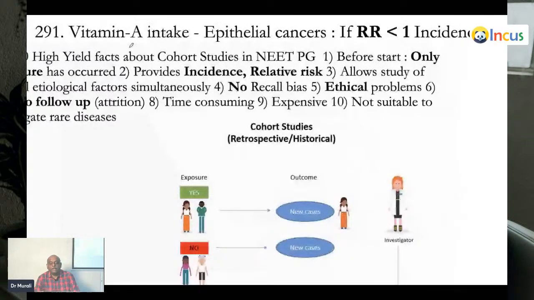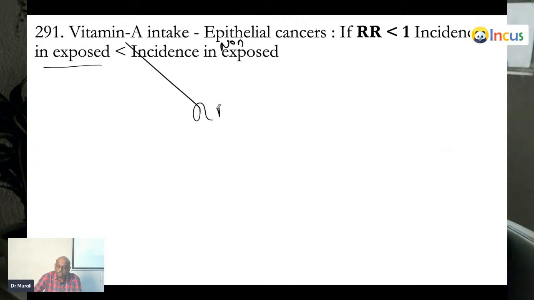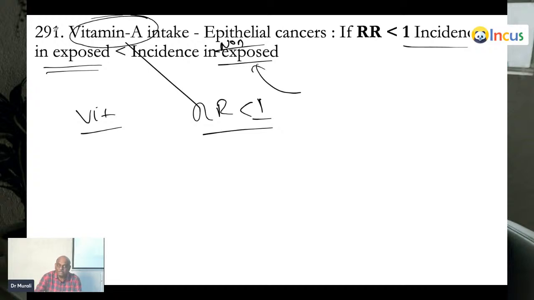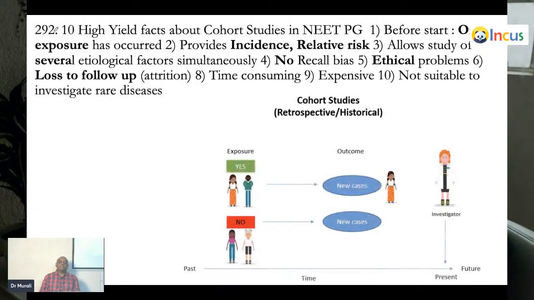So, if the relative risk is less than 1, that means people who have taken vitamin A, that is incidence among the exposed, is less than the people who are not exposed to vitamin A. So if the relative risk is less than 1, it is a protective factor. Relative risk more than 1, it is an etiological factor. If it is equal to 1, then there is no relation with the risk factor. That's the point you need to appreciate.